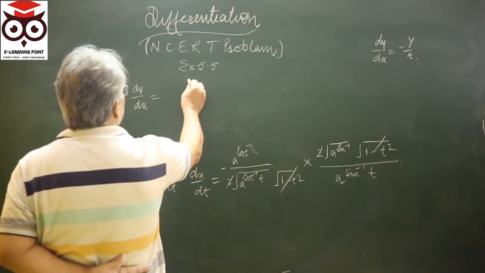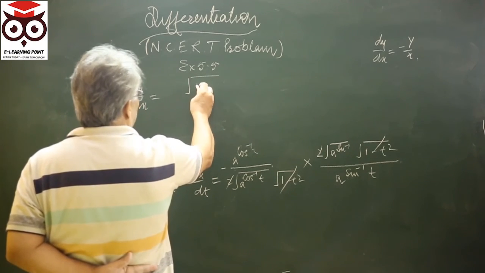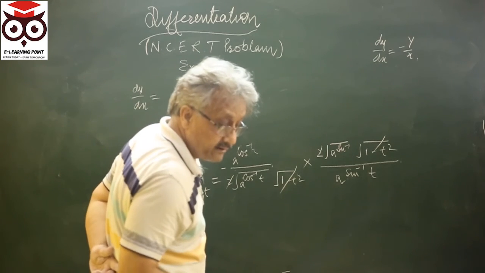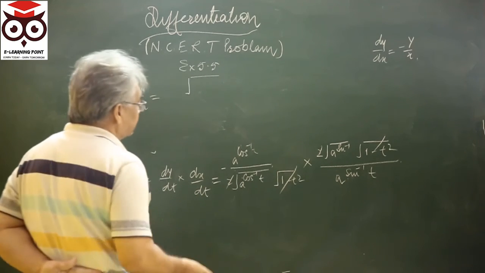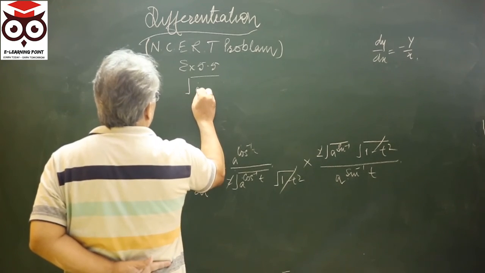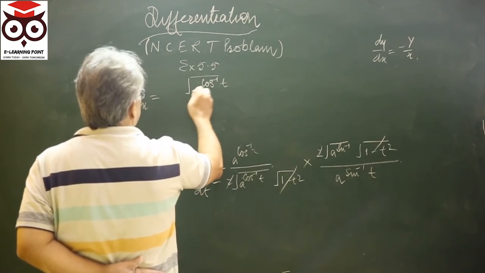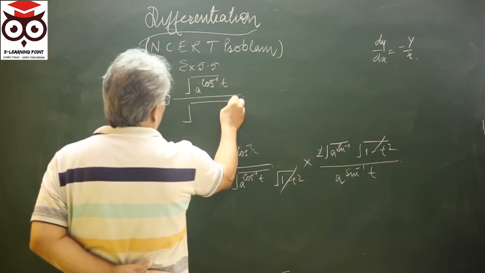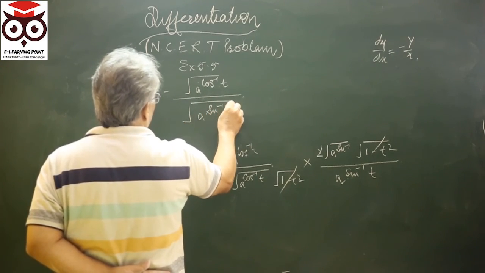So here will remain root a to the power cos inverse t, and here will be root a to the power sine inverse t.